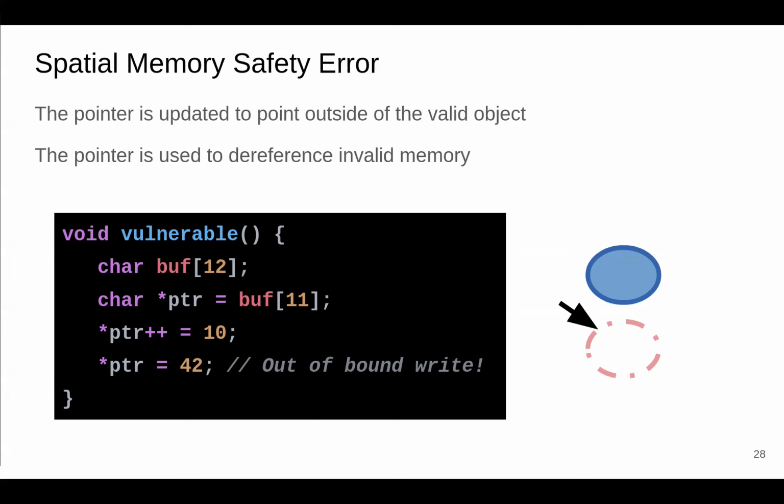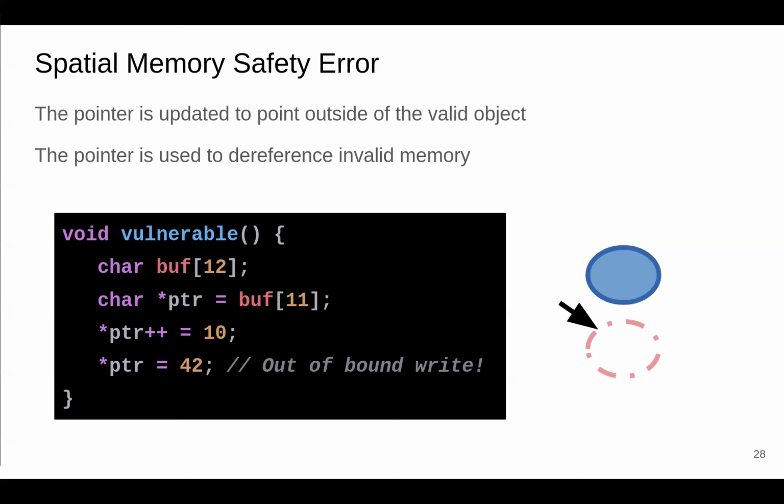And there's nothing in C that prohibits you from incrementing a pointer past the end of the buffer. Like this one, char pointer equals buff 11, points into the last element of the array. If we increment the pointer, we are now one element past the end of the buffer. If we write to it, this results in a memory corruption.